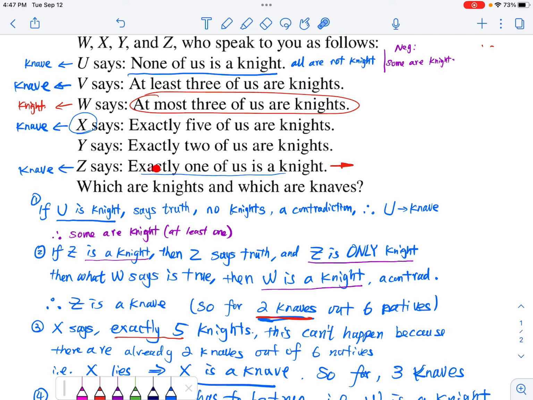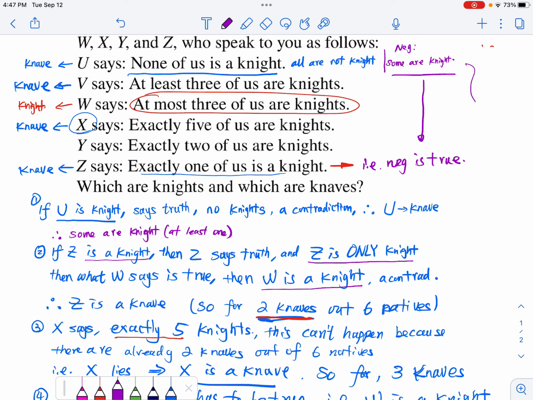And plus, what Z says is wrong. That means it's not true that exactly 1 is a knight, right? And plus this fact, at least 1 is a knight. Do you feel like there has to be at least 2 knights? So now the negation is true, right? And plus, there are some knights.